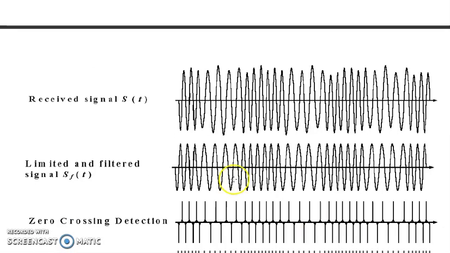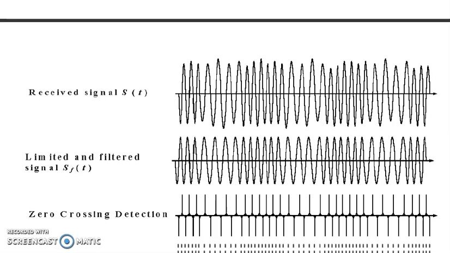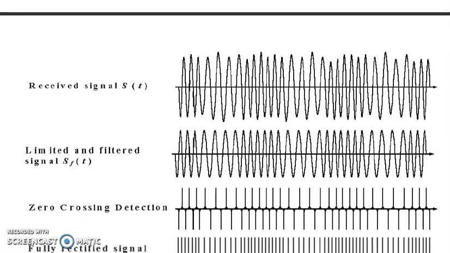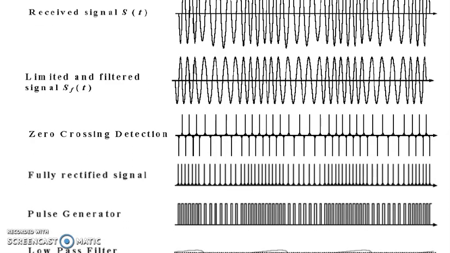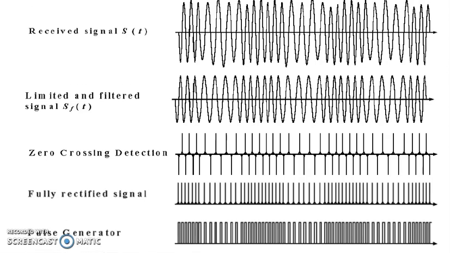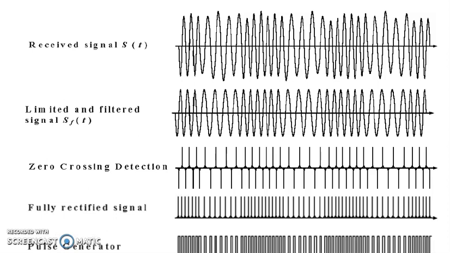Okay, let us move. Now see here, I have shown it with a bigger diagram. Here the first one is the modulated signal that we are receiving at the input of the zero detector circuit. This is the received signal, which is the modulated signal.